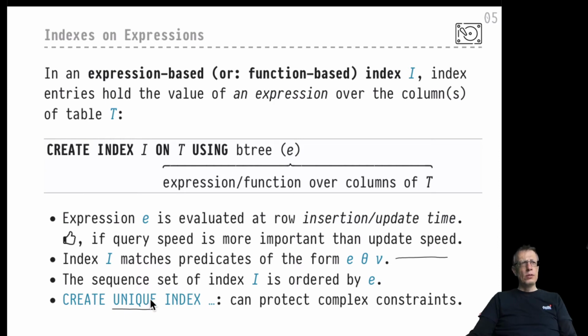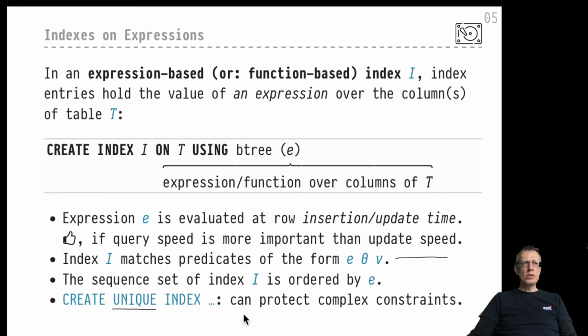Now if we use this unique index modifier in the creation of such an expression-based index, we can make sure that no two rows inserted into table T will have the same value when we evaluate the expression E over these two rows.